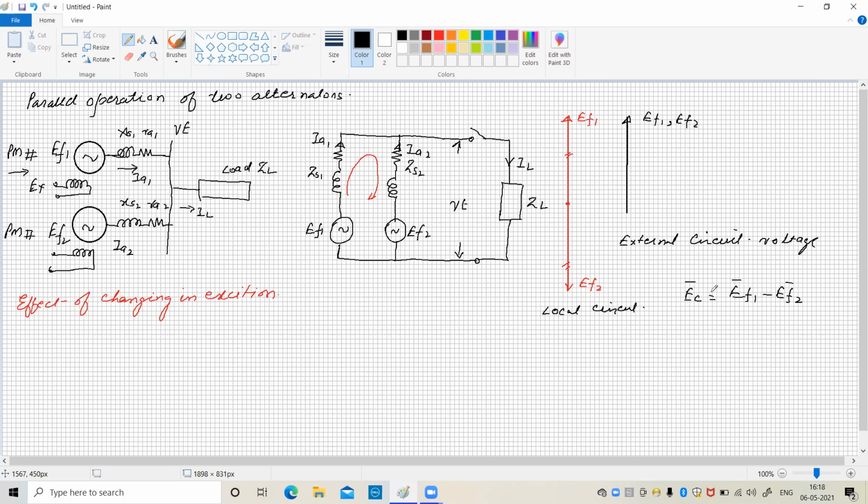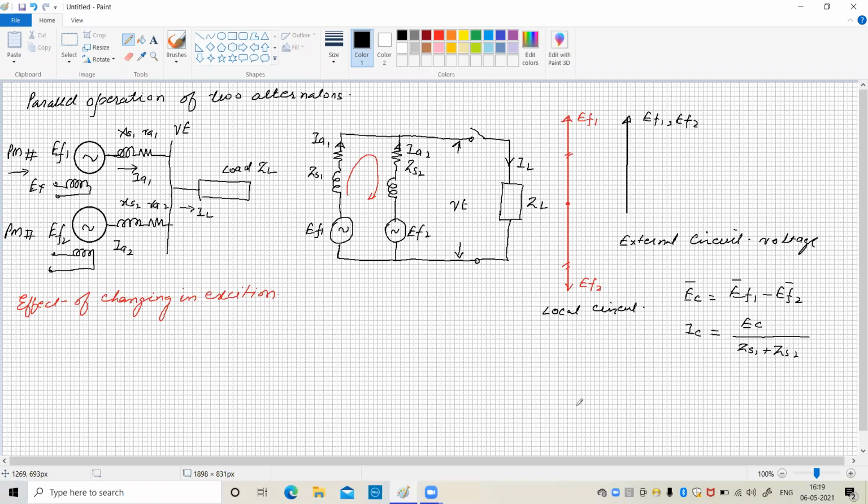Because of these two in the local circuit, the current is going to circulate, that is called as a circulating current, which is equal to EC, that is the circulating voltage, divided by what is the total impedance of this circuit? It is the Z1 and Z2. So it is ZS1 plus ZS2.